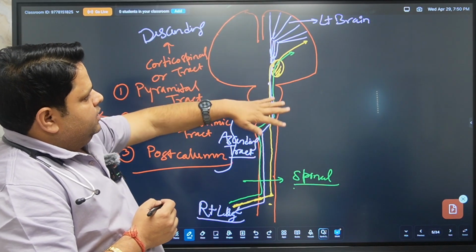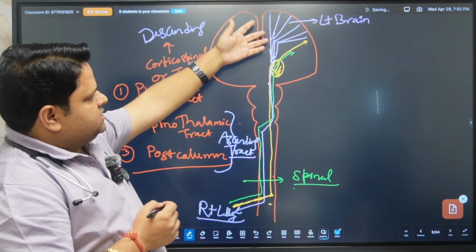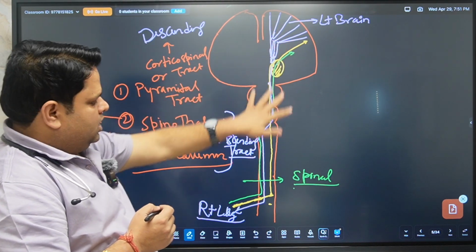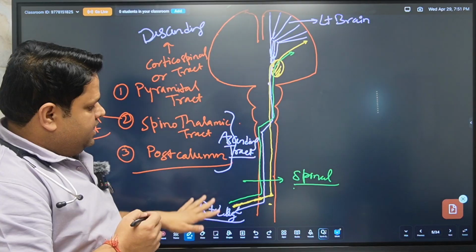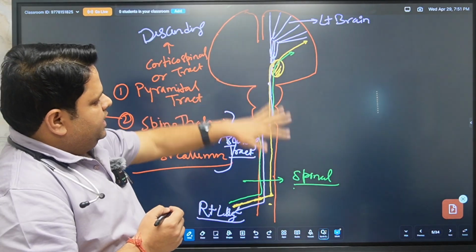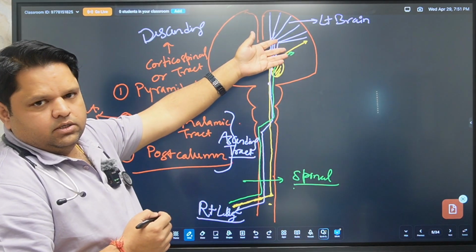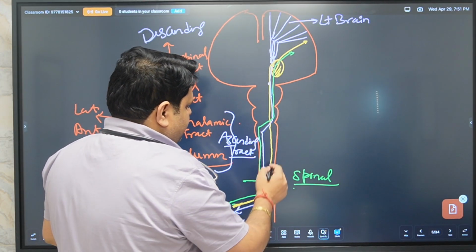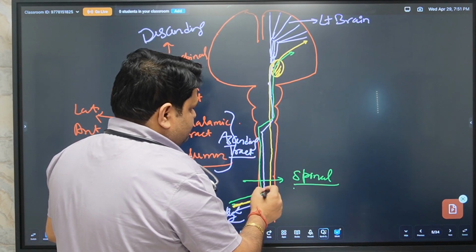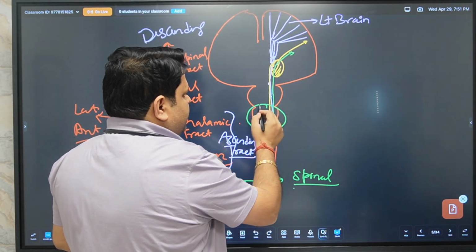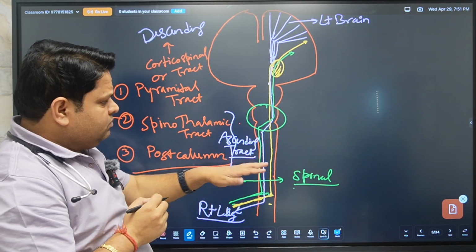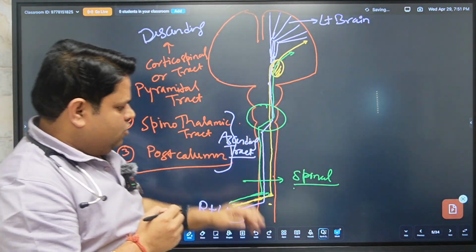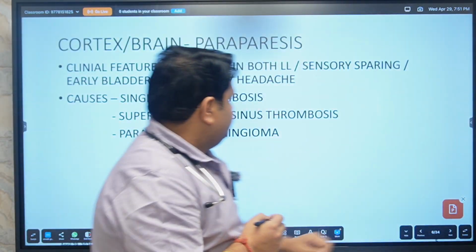And for a lesion in the cortex, the pyramidal tract and the dorsal column supply the opposite side, and the spinothalamic tract is on the same side. So the spinothalamic tract decussates at the level of the spinal cord, but our pyramidal tract decussates at the level of the medulla. Basically this is also necessary when we discuss the level of the spinal cord in the paraparesis approach.